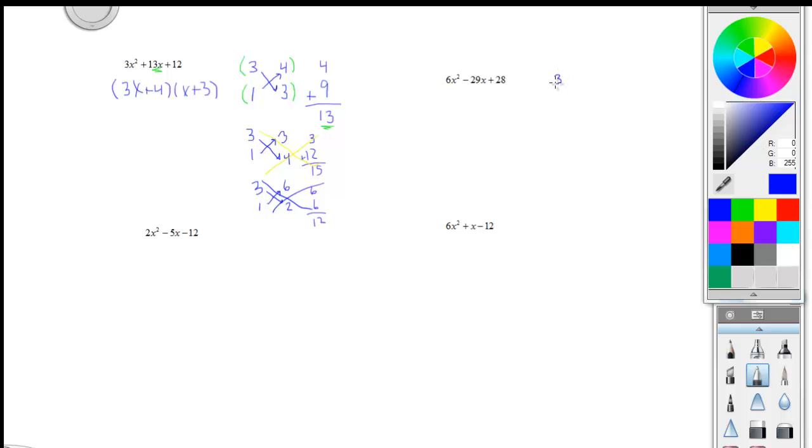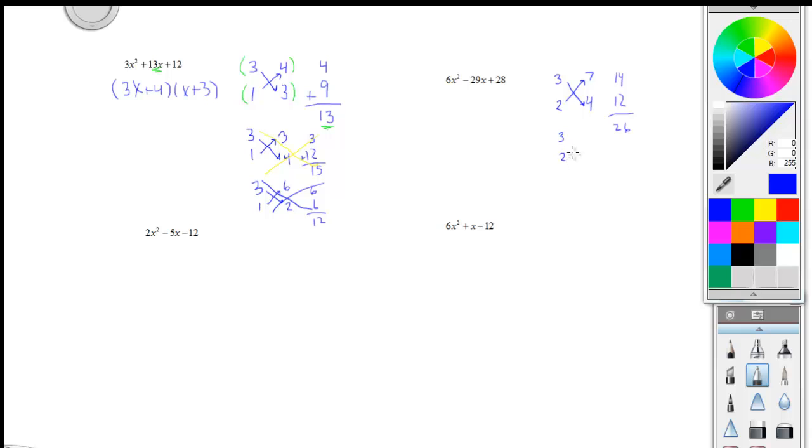So 3 and 2 for factors of 6, and 7 and 4 for factors of 21. Then 2 times 7 is 14, and 3 times 4 is 12. And since those add to 26, then this is not the right answer. So try again.